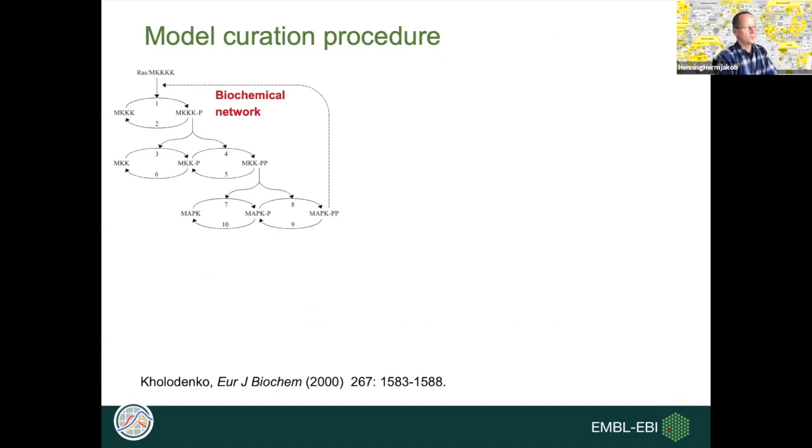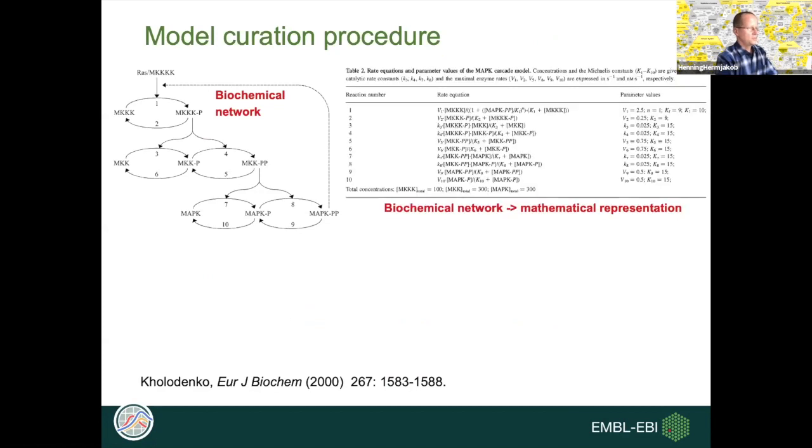So a typical curation procedure for a model to get the model into the database is roughly outlined on this slide. So starting from a biochemical network, for example, it can also be something like, let's say, virus spread in a population. The approach is agnostic to scale.